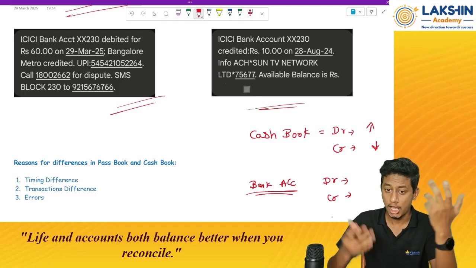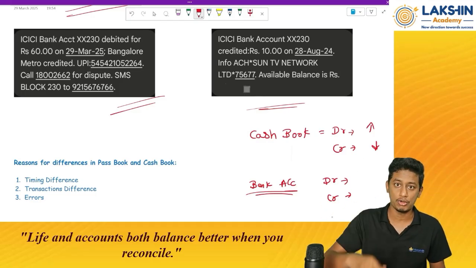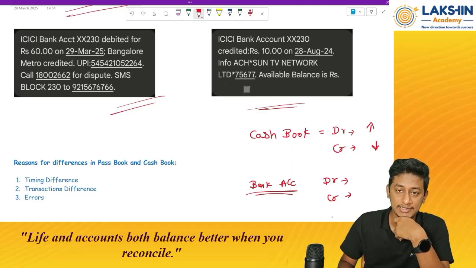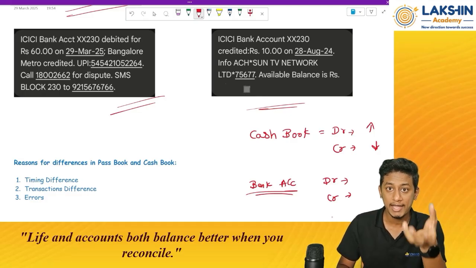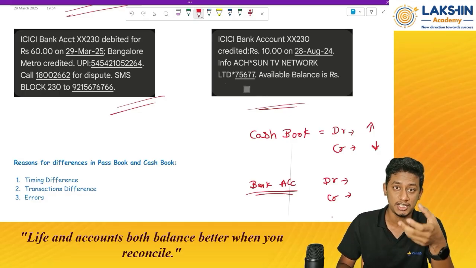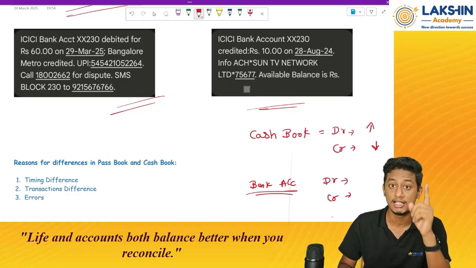The bank cannot say, I will not pay the money, I don't have money now, come tomorrow. Can the bank say that? No, the bank is not supposed to say that. So because of that, whatever money the bank has in its own custody on behalf of the customer is a liability.